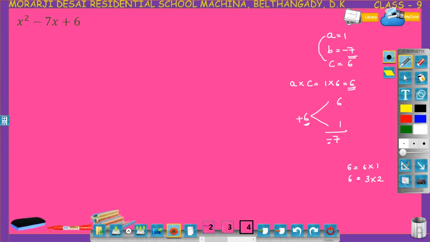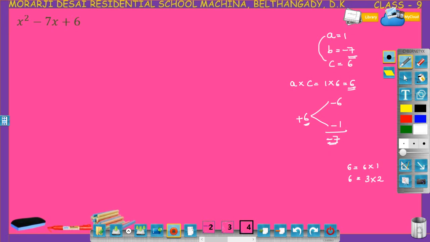So I have to write minus 6 here, minus 1 here. Now minus 6 minus 1 is minus 7. If two numbers have the same sign, then you have to add. If I add 6 and 1, I will get 7. If the two numbers have same sign, then put the same sign in the sum also, that is minus 7.